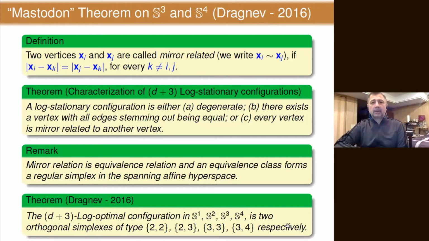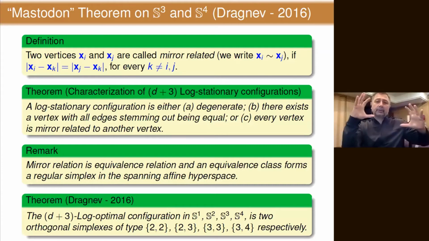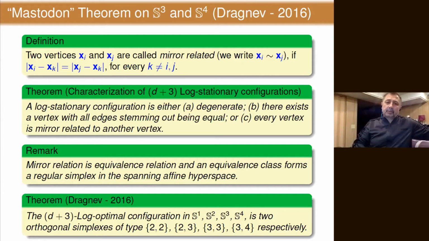Now, the Mastodon theorem in S3 and S4, that stems from a result of mine from 2016, and I'll briefly say a few words about it. So think of these points as on the unit sphere, and xi and xj are called mirror related in a configuration of points if the distance to all the others is the same. It's as if the bisector hyperplane contains all the other points.